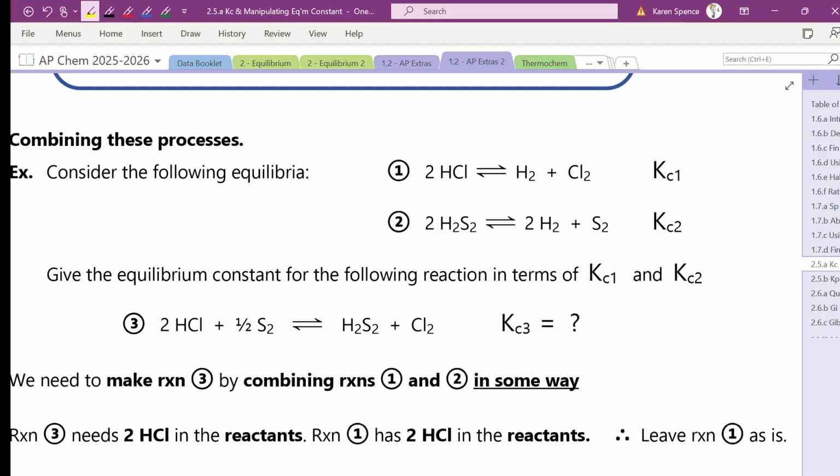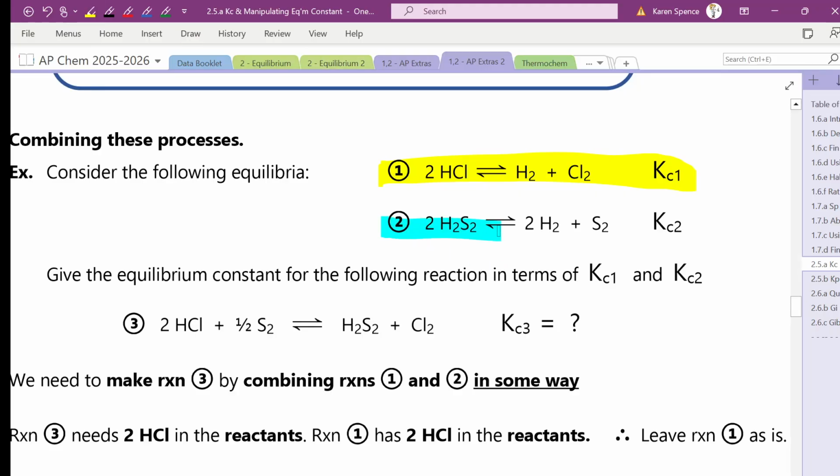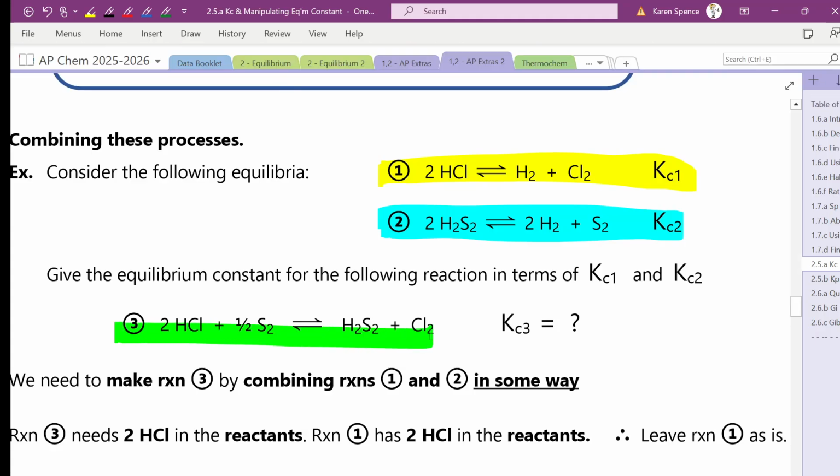So we've got number 1, we've got number 2, and we combine them and we get reaction number 3. And let's now find our new Kc. What do we have to do to reactions 1 and 2 to get reaction 3?